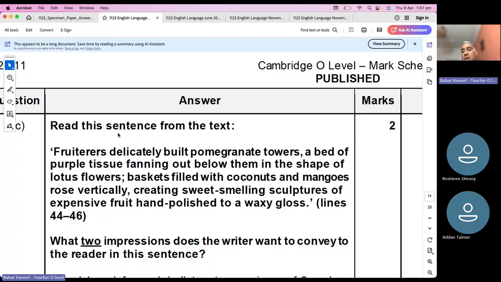And then the baskets filled with coconuts and mangoes rose vertically, creating sweet smelling sculptures of expensive fruit hand polished to a waxy gloss. So what two impressions are you getting out of it?